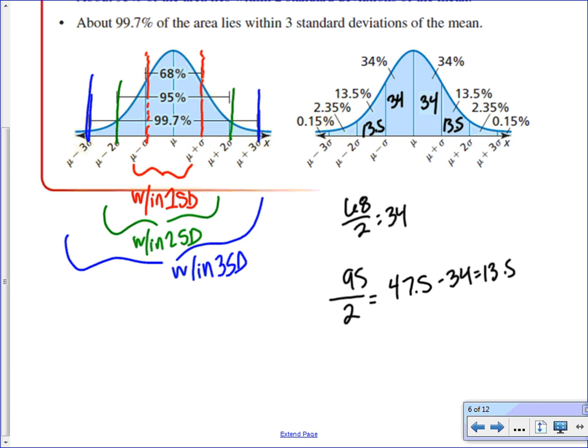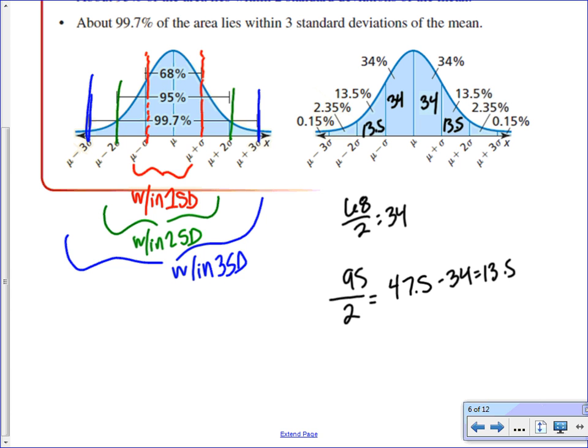Where does the number 2.35 come from? Well, I added those together too. I did the same thing. Okay, so you did the same thing. Now you're doing 34 plus 13.5.